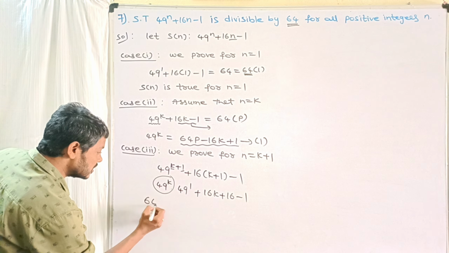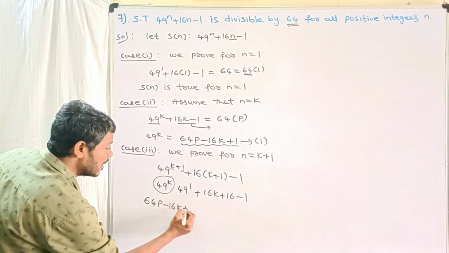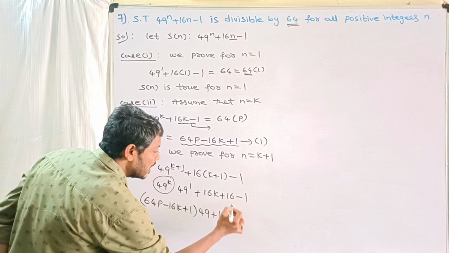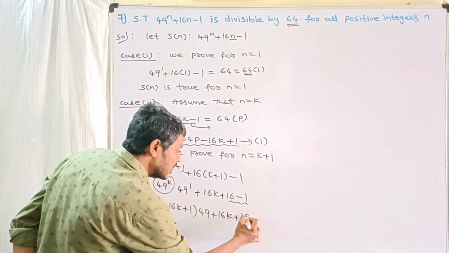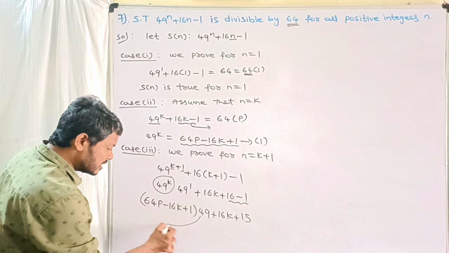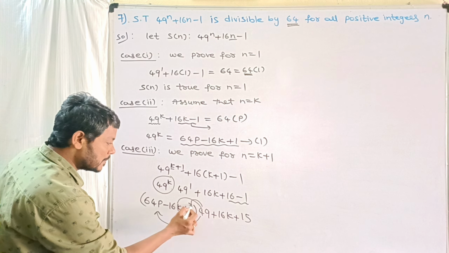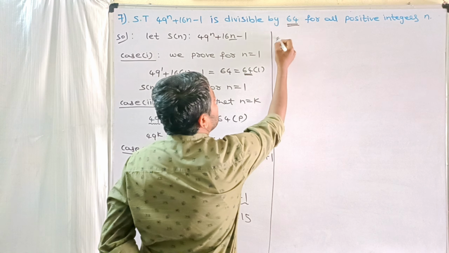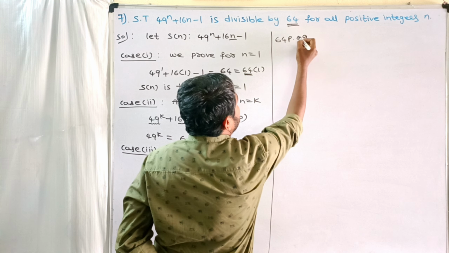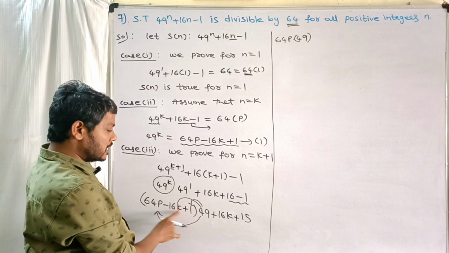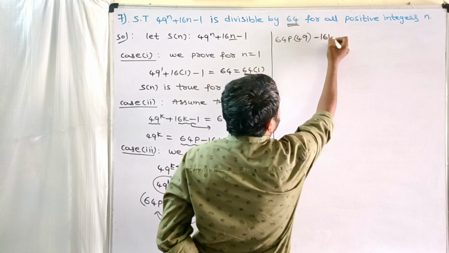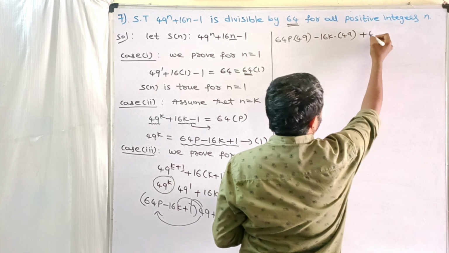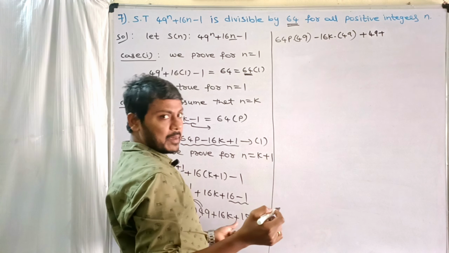Substitute there: 64p minus 16k plus 1, into 49, plus 16k plus 16 minus 1, which is 15. Now multiply 49 inside the bracket for each term: first 64p into 49, next minus 16k into 49, plus 49 into 1, 49, plus 16k plus 15.